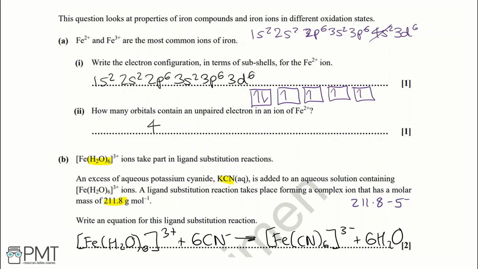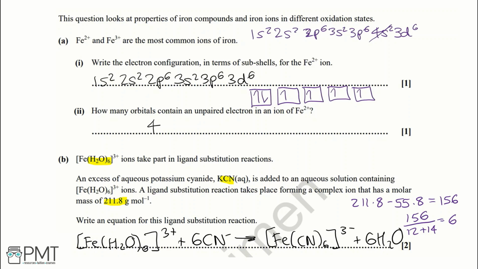We do 211.8 minus 55.8. That's the molar mass of iron, and that gives us 156. And then we do 156 divided by 12 plus 14. So that's the molar mass of cyanide, and that equals 6. So that shows us that we're going to have 6 cyanide ligands. And then we need to look at the charge to confirm this is the correct charge. So iron in this question has a 3+ charge.